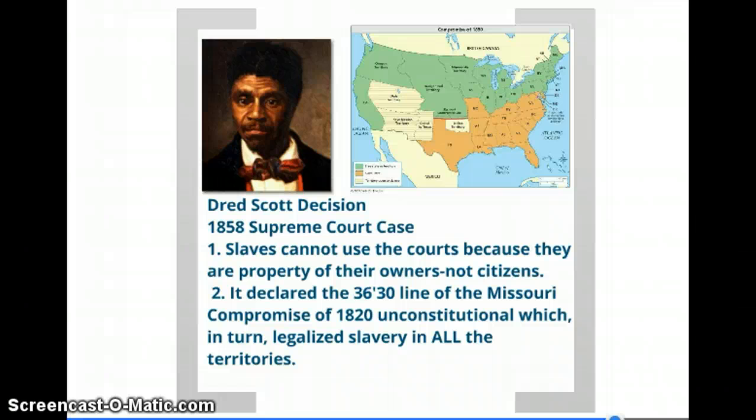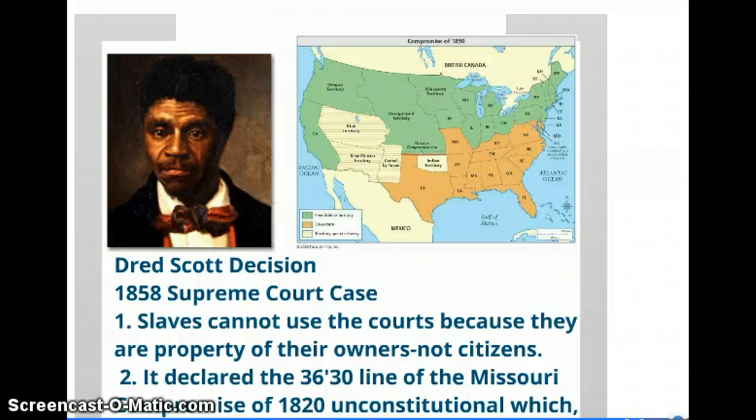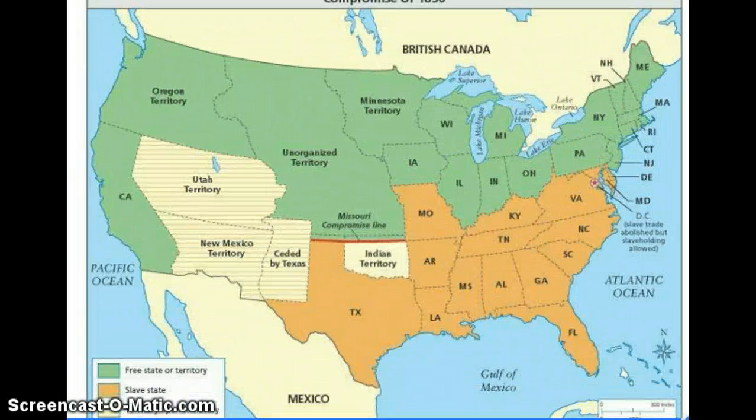Therefore, it was unconstitutional and had to be removed. What that did, by removing the Missouri Compromise line, had the effect of legalizing slavery in all the territories.